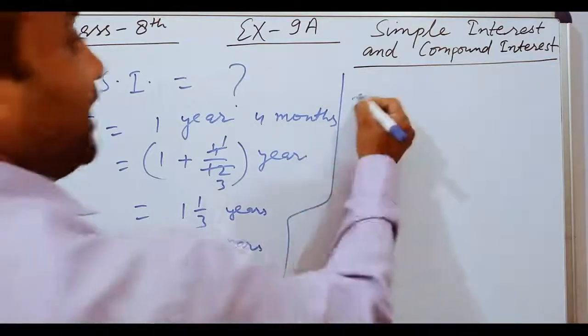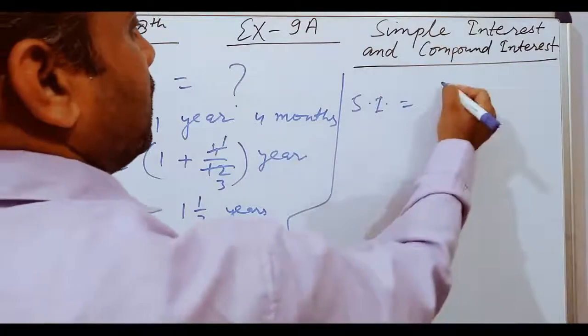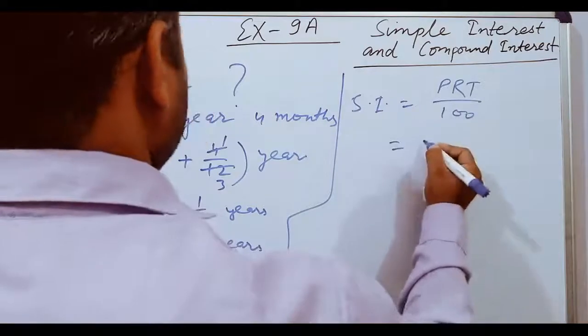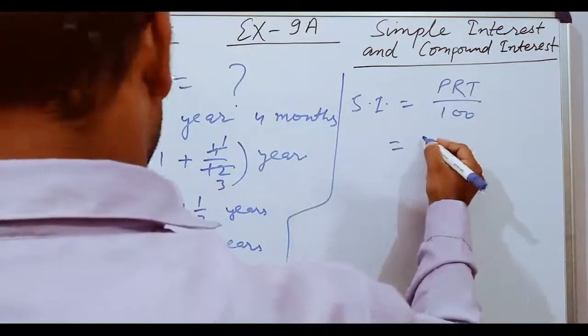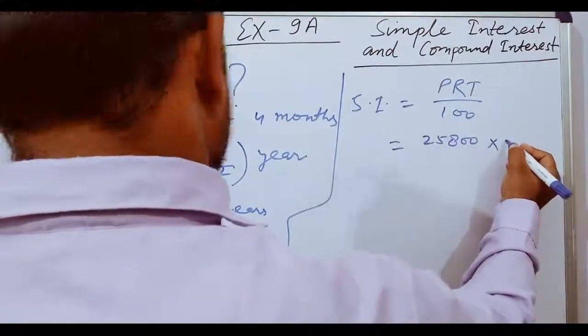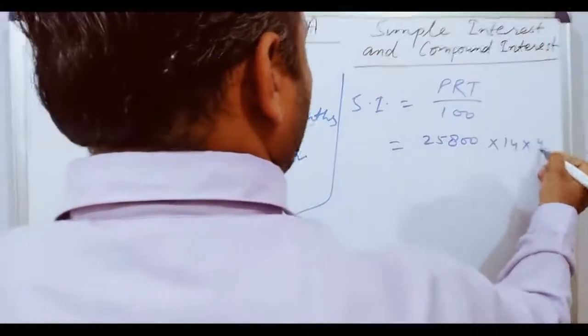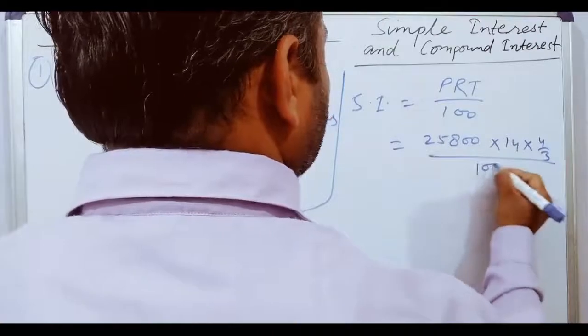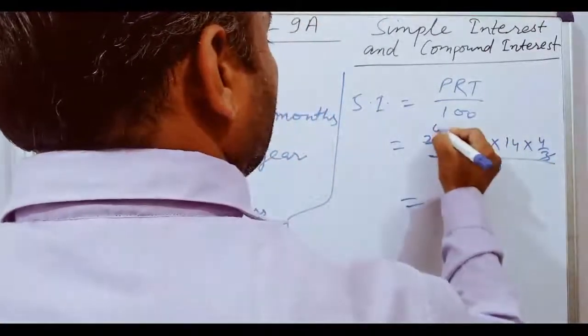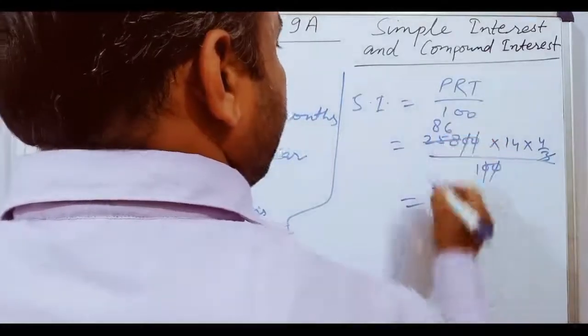Then SI, you know very well, is PRT upon 100. P is 25,800, it is given, R is 14, T is 4 upon 3, upon 100. The zeros cancel. 3 8s are 24 and 3 6s are 18.